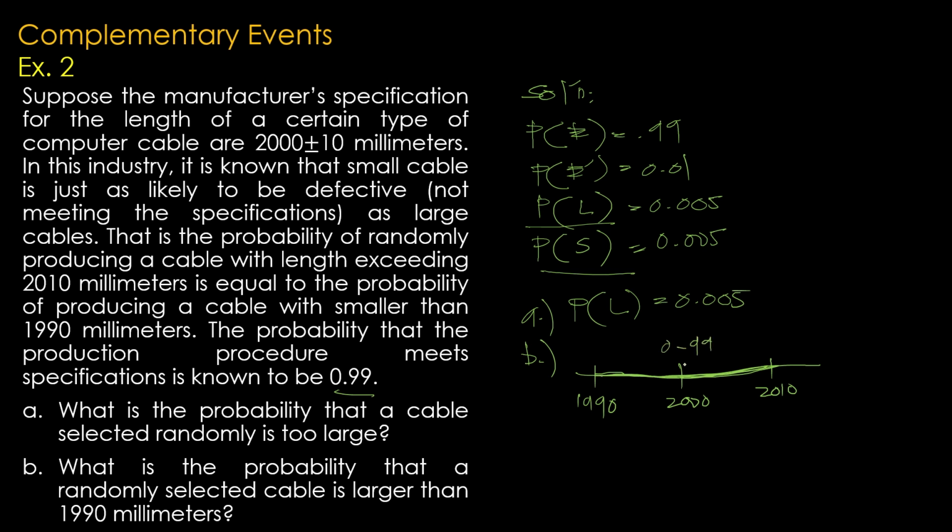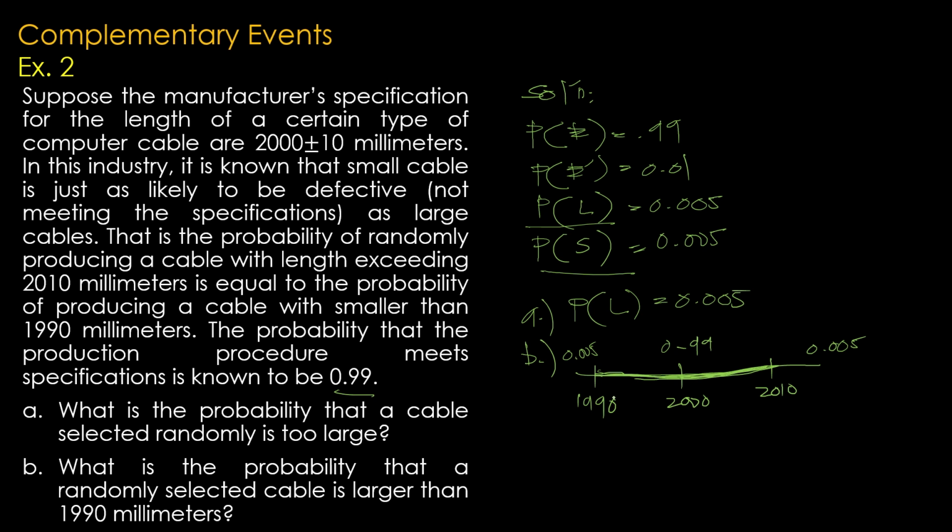And beyond this on the number line, the probability of getting a large cable is 0.05, and the probability of getting a small cable is also 0.05. Again, because it says in the problem that the small cable is just as likely to be defective as the large cable, meaning the probability of getting a small and a large cable is equal.